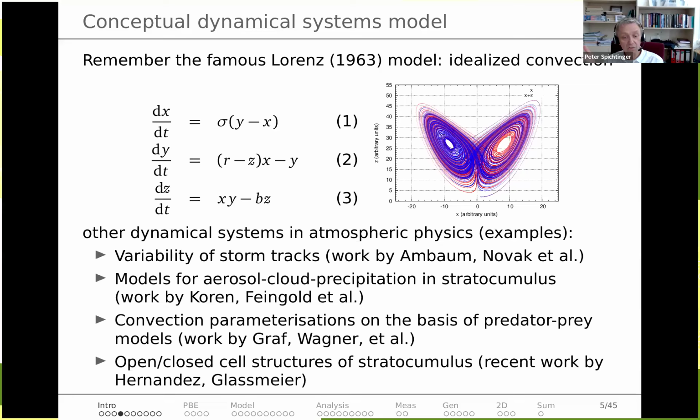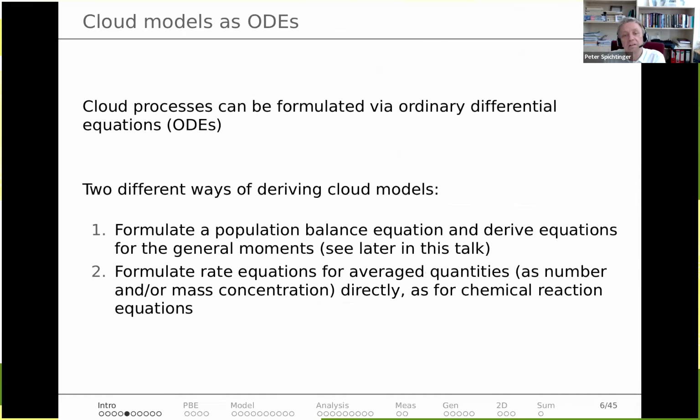There are convection parameterizations on the basis of a predator-prey system by Hans Graf and Till Wagner and others. And very recently, there's the open and closed cell structure of stratocumulus, recent work by Hernandez and Glassmeier. There are many others I could list.